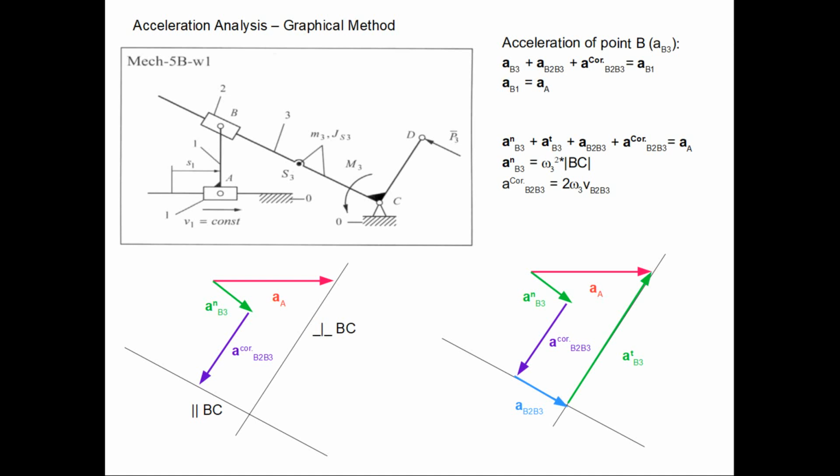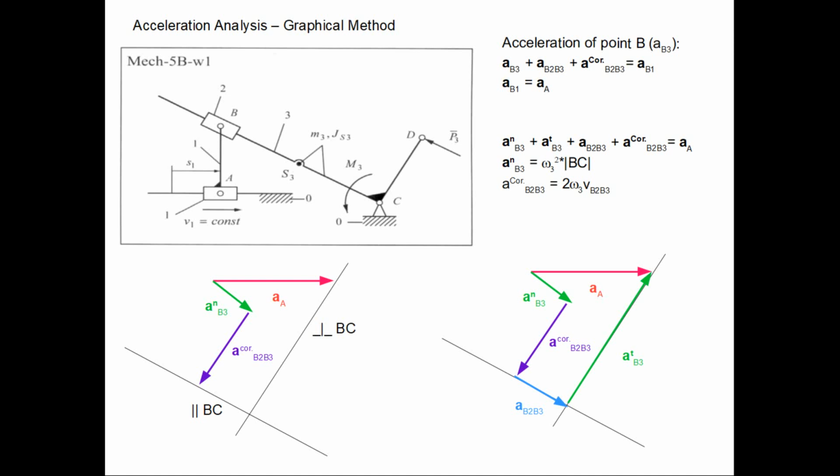The first is AB3 normal. It is the centripetal acceleration of a point B with respect to the point C in a rotation of a rod three, and AB3 T is the tangential acceleration. So we have two perpendicular components of accelerations. First is centripetal, the normal component of acceleration, and the second is tangential. First is due just to the omega3, and the second component is due to the non-zero epsilon3.